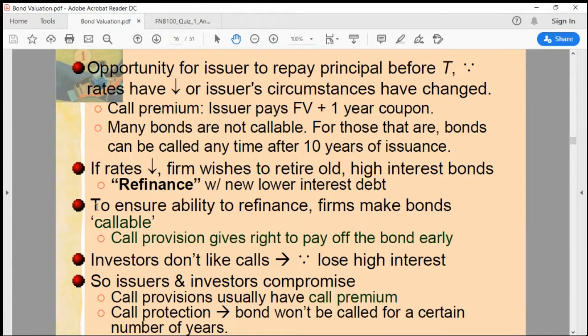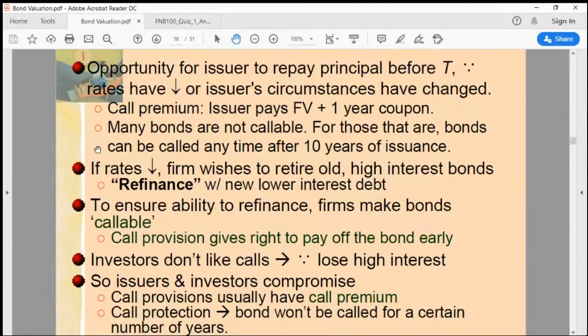Options are either call options or put options. As I said, call is an option to buy an asset, in this case let's say a stock, at a pre-specified price if certain conditions are met.